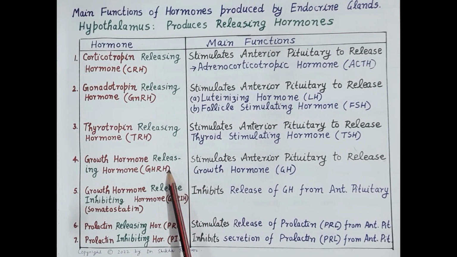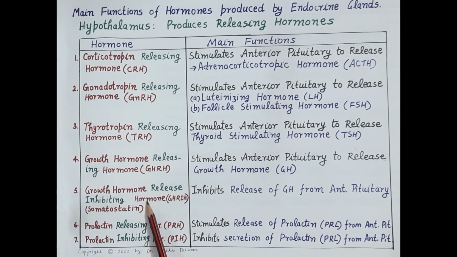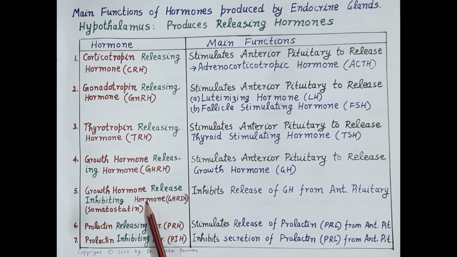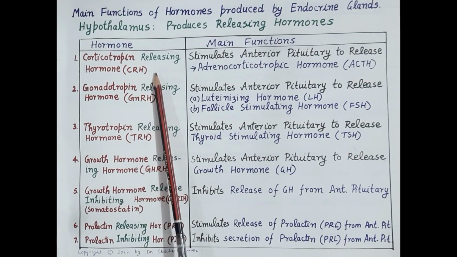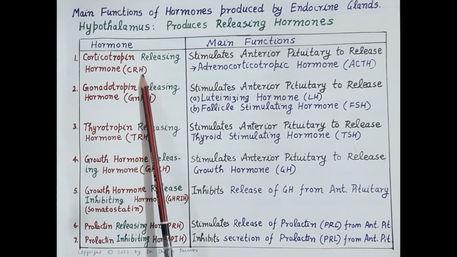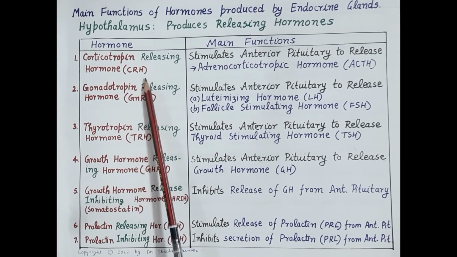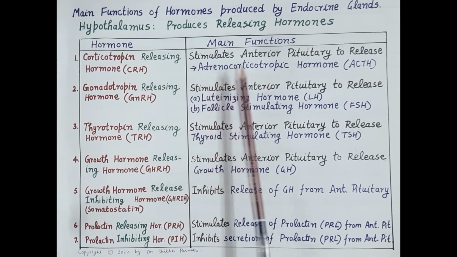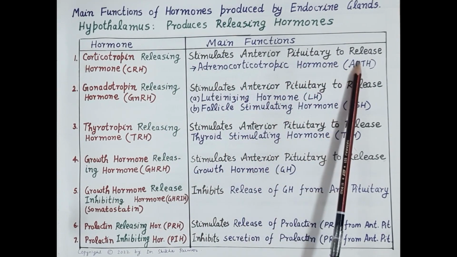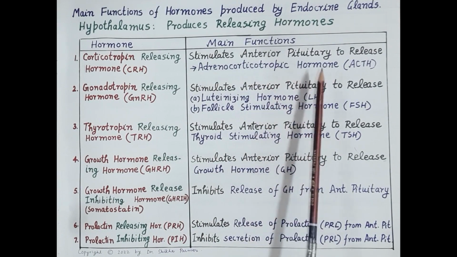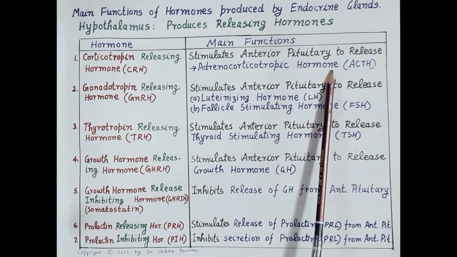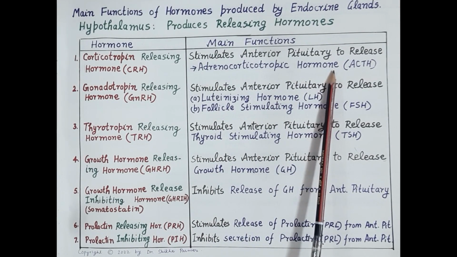But in few instances, hypothalamus produces release inhibiting hormone that inhibit release of hormone from the anterior pituitary. Now, the first hormone that is released by the hypothalamus is the CRH, that is corticotropin releasing hormone. Now, CRH stimulates anterior pituitary to release adrenocorticotropic hormone, which further stimulates adrenal cortex.